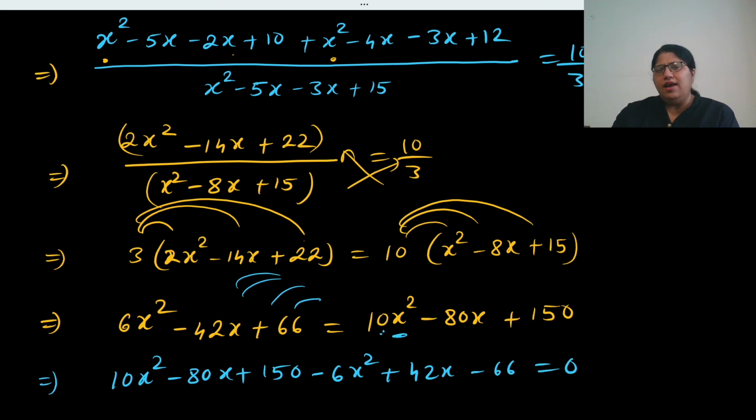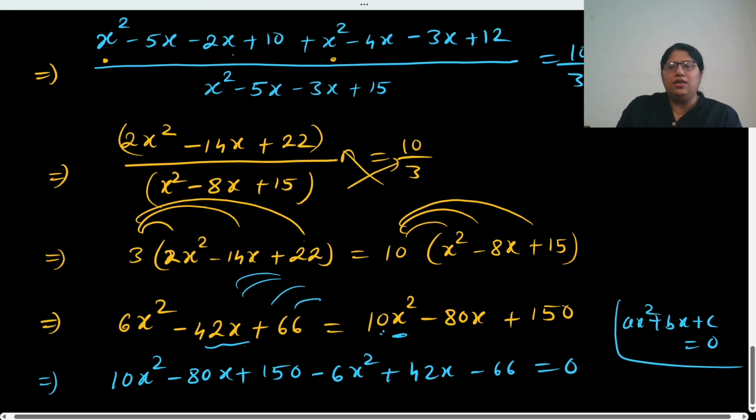Now nothing is left, this side will become 0. I'm just rearranging this, correct? Because I have to get it in ax square plus bx plus c equals 0 form. This is the standard form of the quadratic equation, ax square plus bx plus c is 0, right?